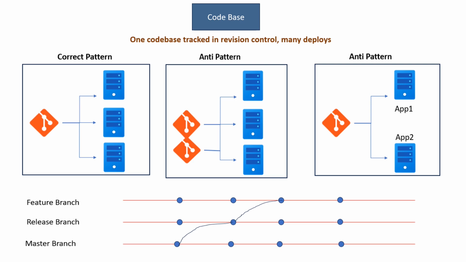This factor helps us understand that there should be just one code base for one application, under version control. There should be branches like the dev branch, release branch, and feature branches, and we should track the code based on that and deploy just one code base to multiple environments so that all environments have the same code and are in sync.